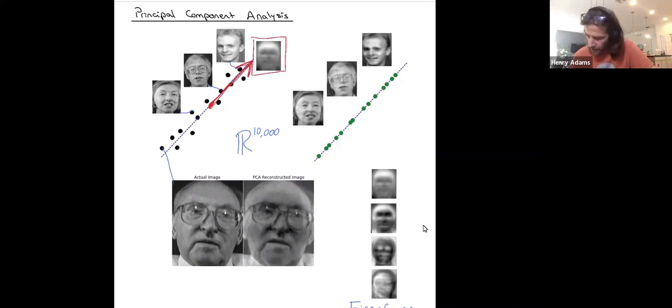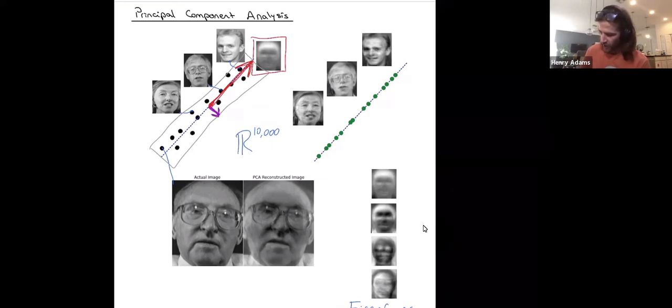And if we had a 2D representation of our PCA model, we'd also have another vector pointing in that direction of the plane. And so you have another eigenface basis vector corresponding to that direction. Okay.